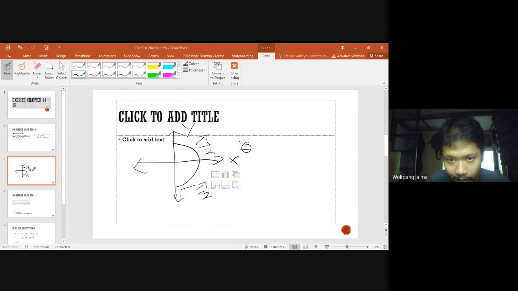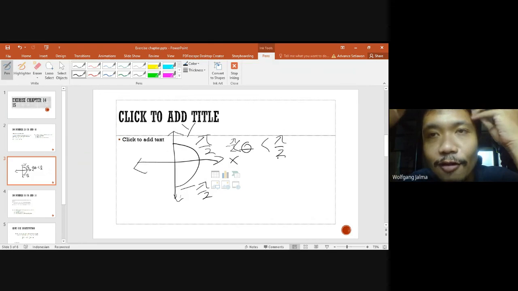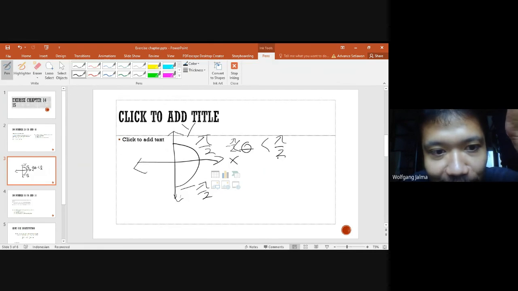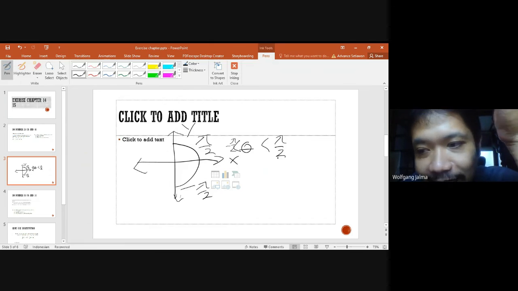Sorry, I made a mistake before when I said from minus pi to pi. What I mean is from minus pi over 2 to pi over 2. Minus 90 degrees to 90 degrees.